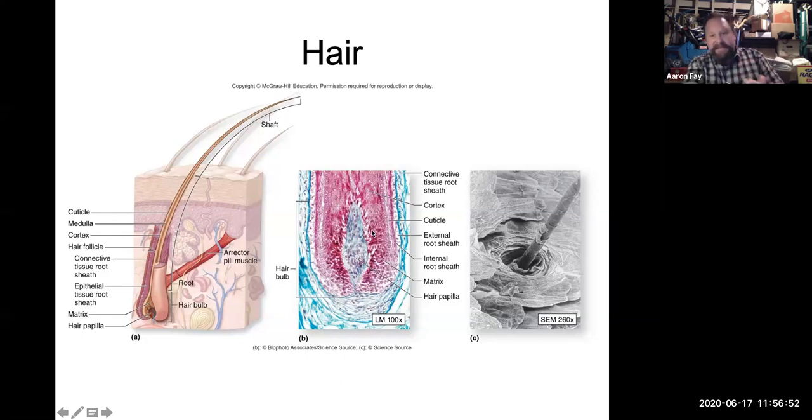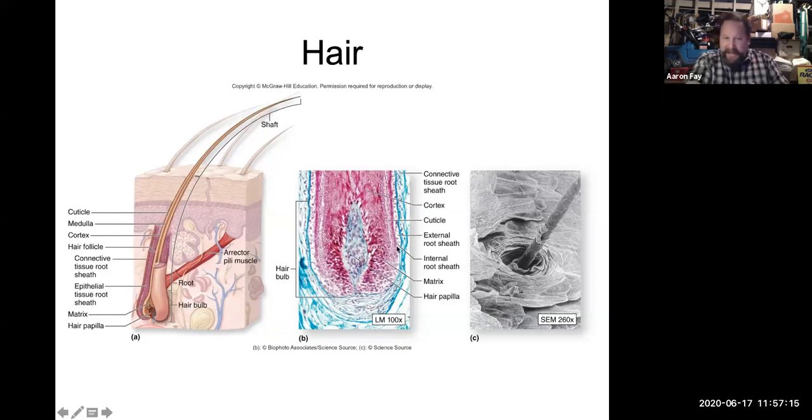This image here is showing you the details in the hair bulb itself. This part down here is where the hair is being created. What this stain is doing is epithelial tissue is shown in red and connective tissue is shown in blue.